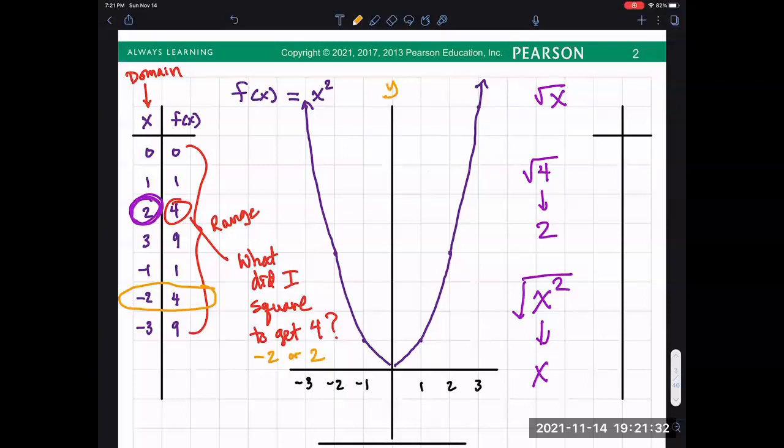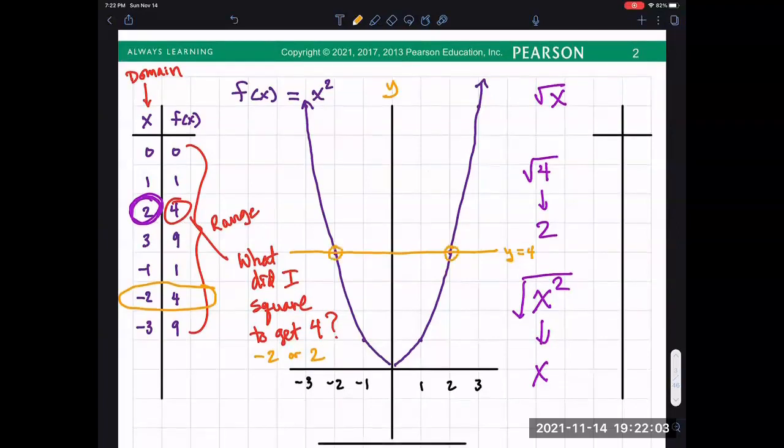So when I'm saying, what did I square to get 4, I'm choosing the y value of 4. So if I draw a horizontal line where all of the y values of 4 are on that line, this is the line where y equals 4. If I draw that line and take a look at where it crosses the original x squared graph, we'll see that it crosses it in two places.